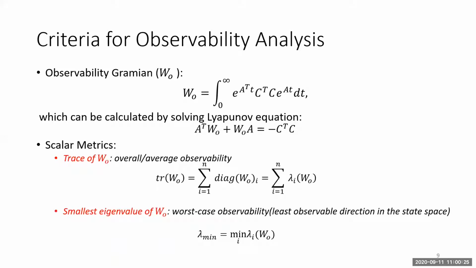Two scalar metrics of the Gramian are used as criteria for observability analysis. One is the trace of the Gramian, which represents the overall system observability, and equals the sum of the diagonal elements of the Gramian, or the sum of all eigenvalues of the Gramian. The other is the minimum eigenvalue of the Gramian, which represents the worst-case observability.